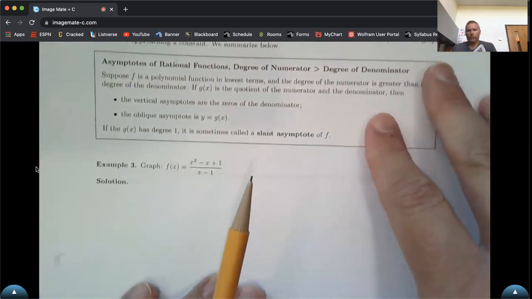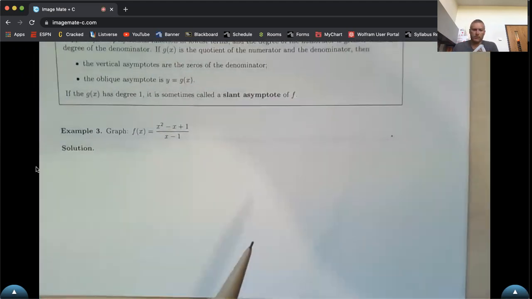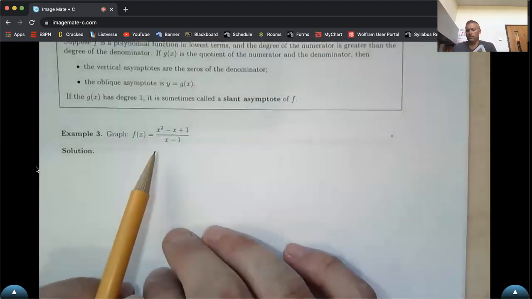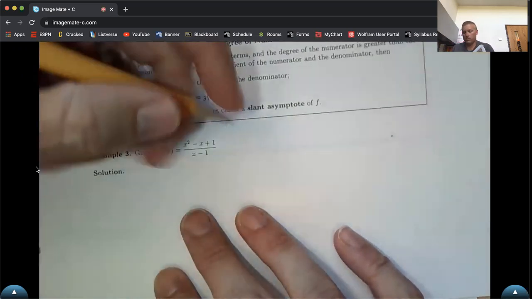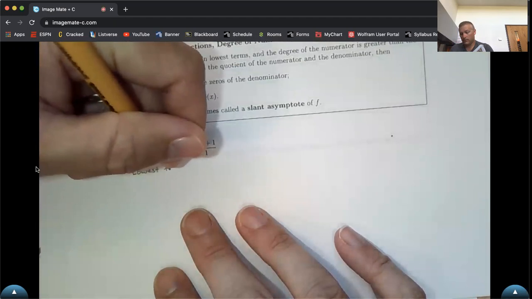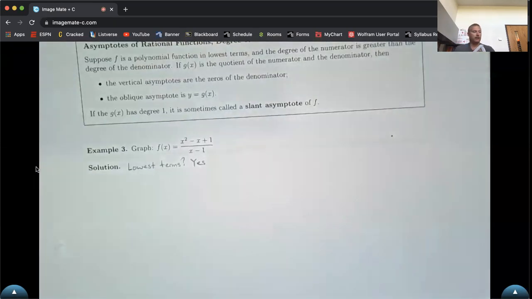So as an example, we could graph f of x equals x squared minus x plus 1 over x minus 1. This thing is in lowest terms. X squared minus x plus 1 is not going to factor. And even if it did, x minus 1 is not one of its factors.